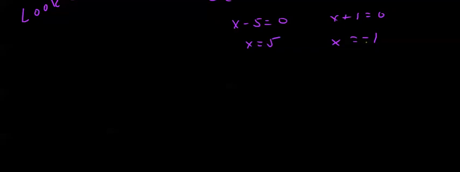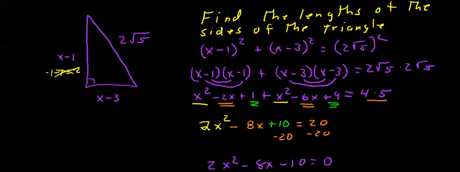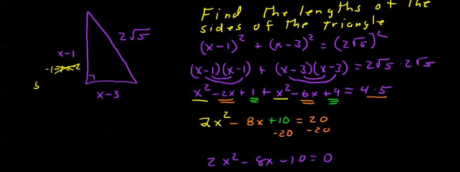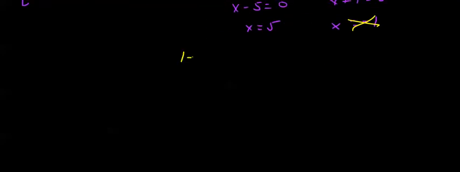In this case it is, but you need to check them always. x is 5, 5 minus 1 is 4, that's good. 5 minus 3 equals 2, that's good. My lengths are 4, 2, and 2 radical 5.